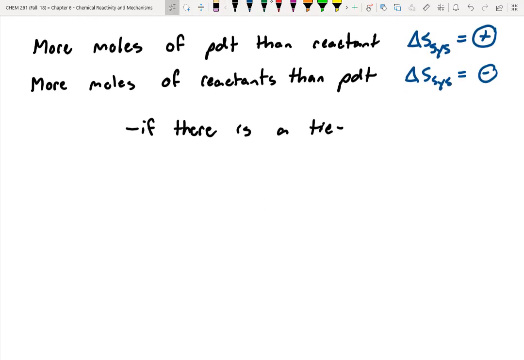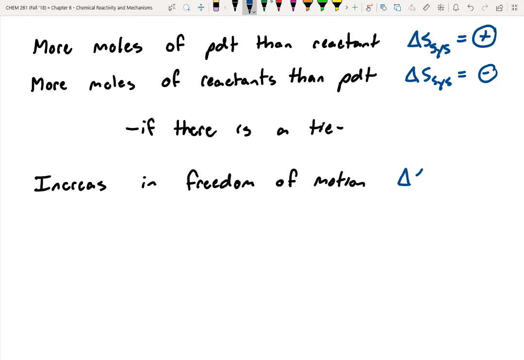It has to do with freedom of motion. If you have more freedom of motion, meaning you can flail about wildly as a molecule, that means you're getting more chaotic, right? That means delta S of your system is going to be positive.